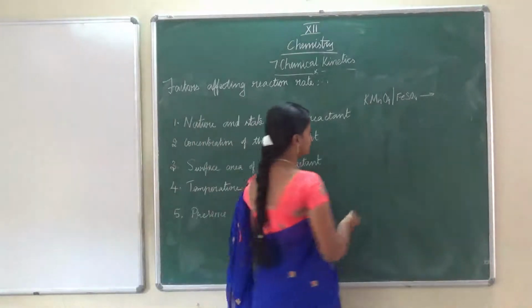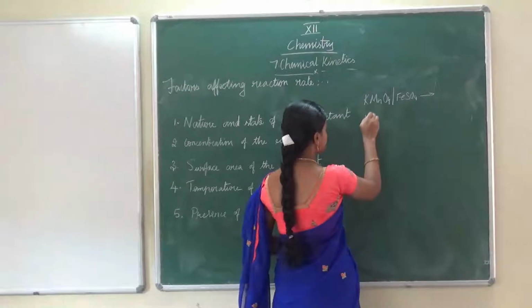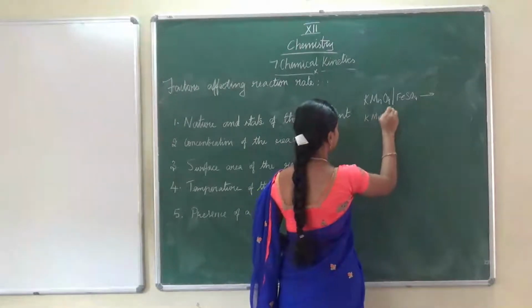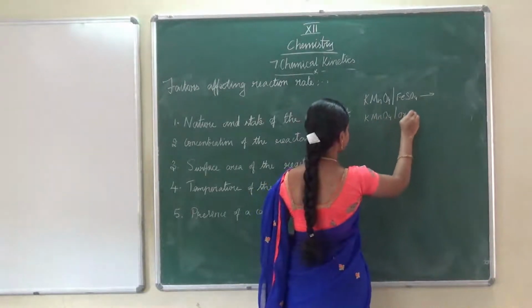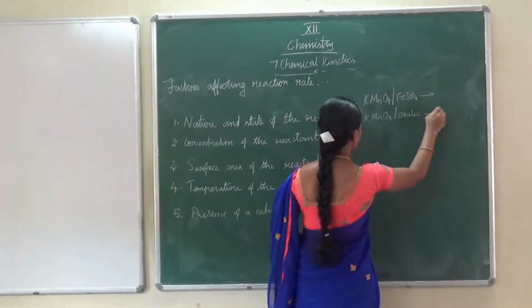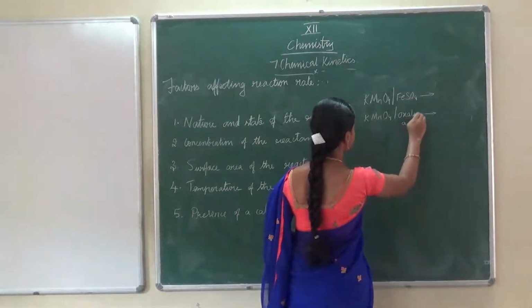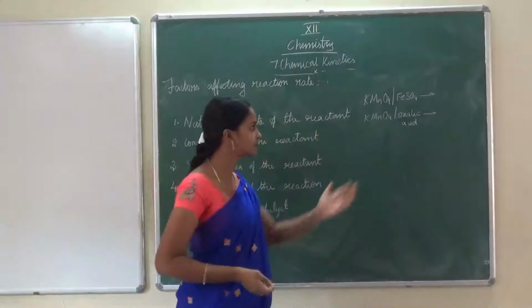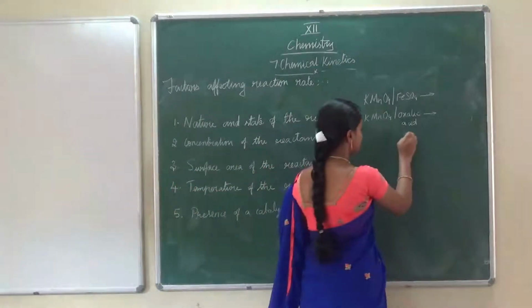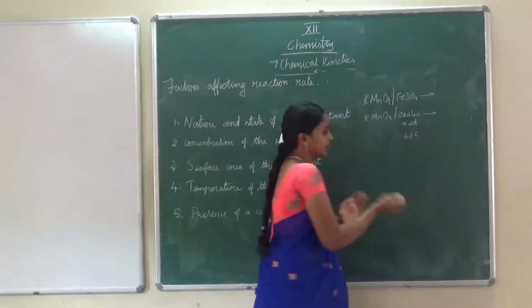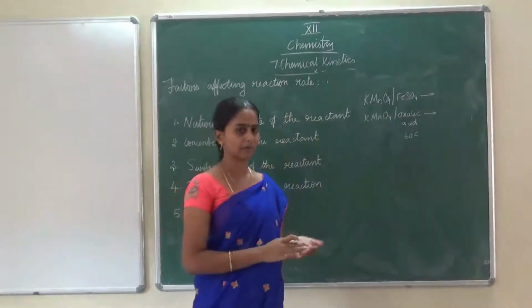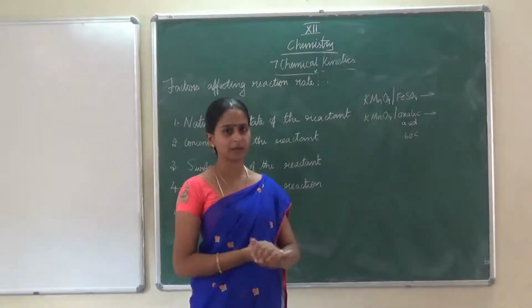But the same redox reaction between KMnO4 and oxalic acid does not take place at normal room temperature. We have to heat the oxalic acid first up to 60 degrees Celsius, and then only treat with KMnO4. Finally, we will get the end point, that is, pink color.